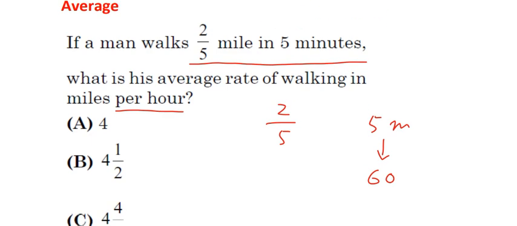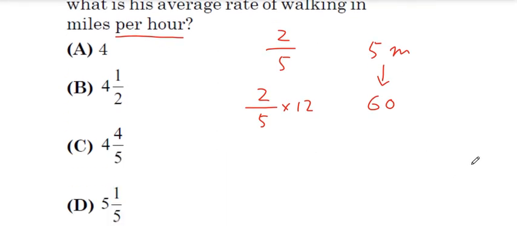So this equals this multiply 12. Right? Multiply 12. Okay, so how much is this equal? So we just say this is equal to 24/5. So which one is 24/5? So we say this, less than 5. Okay.